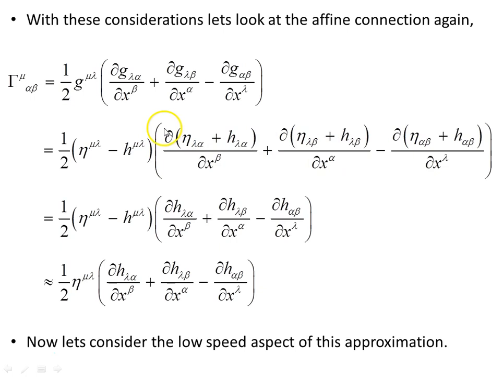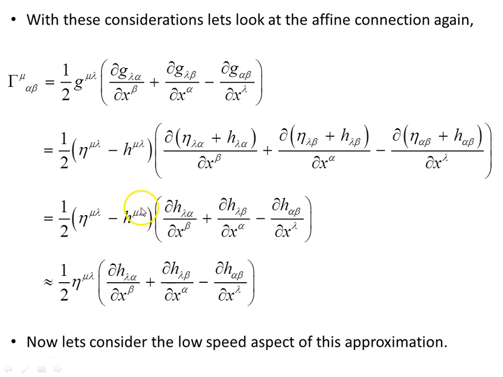First thing you'll notice is that the terms in the Minkowski metric, eta alpha lambda here, are all constant terms, so the derivative of those is just going to drop off and go to 0. And so in the next line down, these first eta terms have disappeared, they've gone to 0. And we're left with just the derivatives of the h terms.